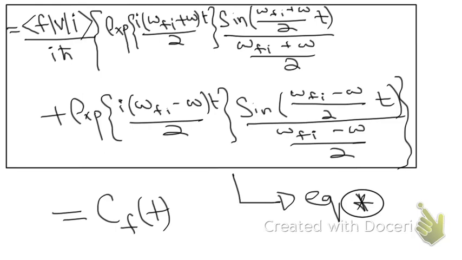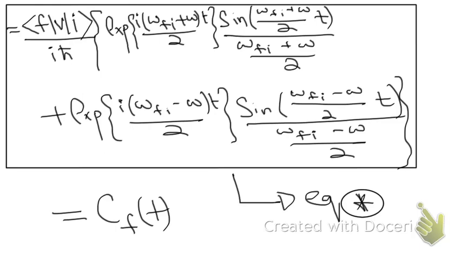However, if that resonance condition is even almost satisfied, then one of the two terms inside these curly brackets is going to dominate the other one. And this is due to the fact that the denominator will approach 0.